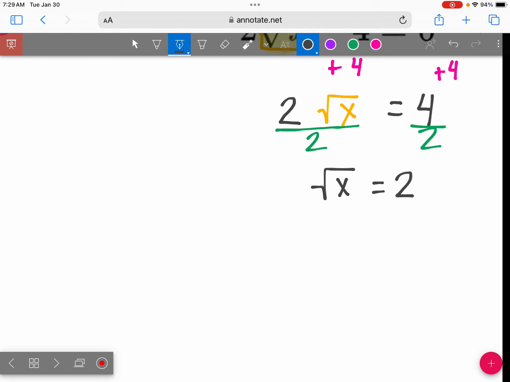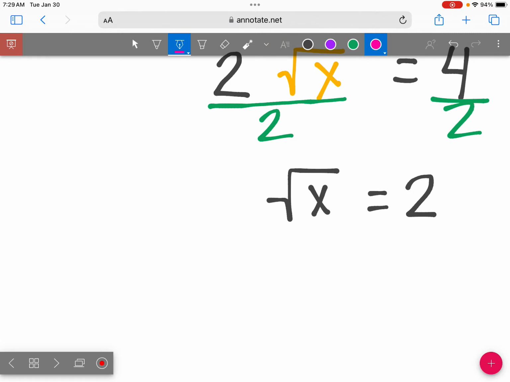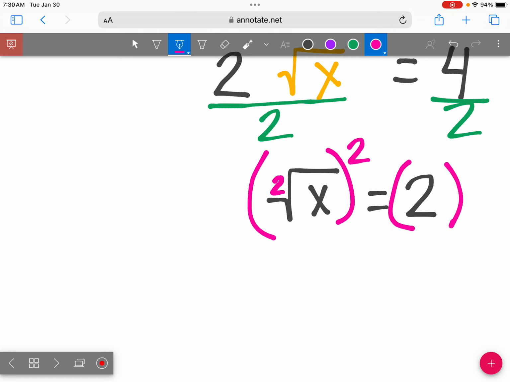So now I have my square root isolated. Now we need to use a power to get rid of my square root. I'm going to take my index. Remember, the invisible index on a square root is a 2. That's what we use as our power. Whatever our index is is what we use as our power, because that'll undo whatever root that is.